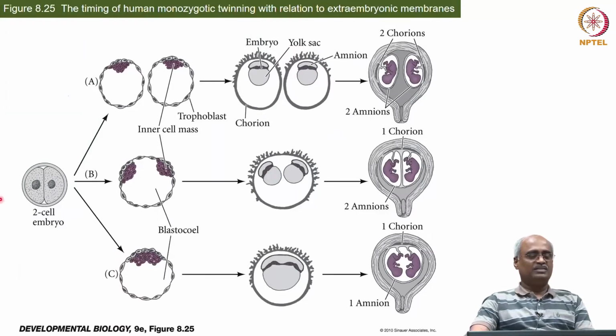So for example, if you start with 2-cell embryo, and let us say when they reach the blastocyst stage, so inner cell mass cells are in one end of this blastocele, so this is blastocyst, okay, it is no longer blastula. And suppose, let us say, it split into 2 groups before this step itself, okay, so between 2-cell stage and the morula stage, if it separated into 2, and they are capable of forming then 2 embryos.